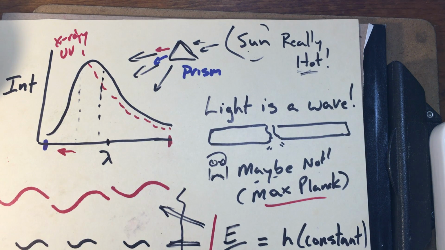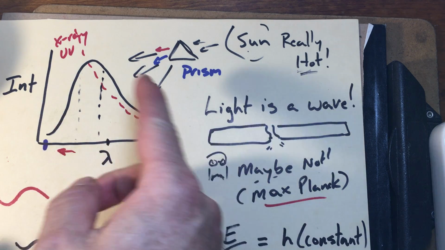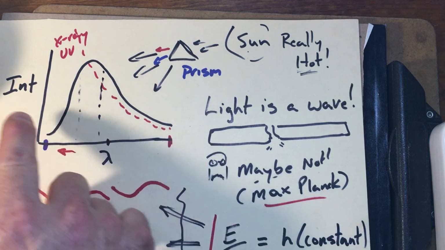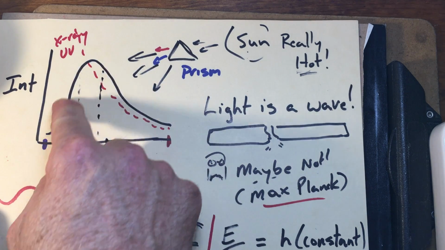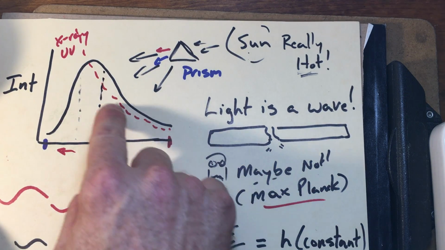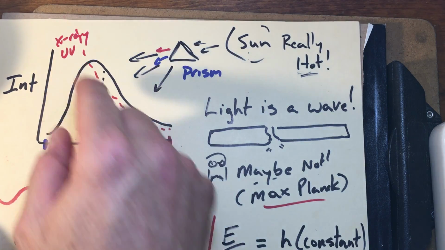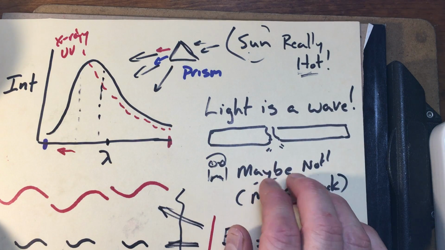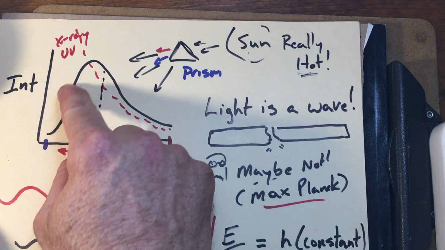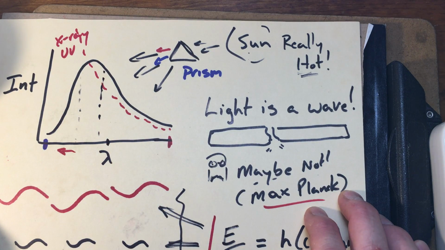So as they took their equations, wave mechanics and Maxwell's equations, and tried to theoretically come up with an equation for the distributions of wavelengths and their intensities, it didn't match the experimental curve here in black. They had what was called the UV catastrophe, where the equations, developed from theory, could not be made to fit the experimental curve that was known.